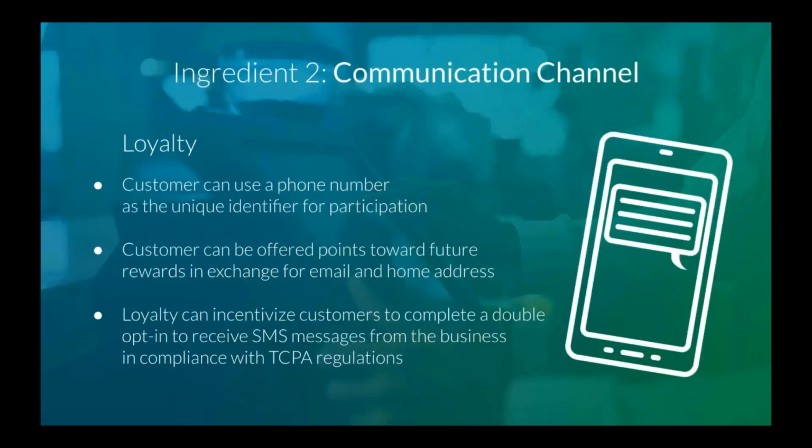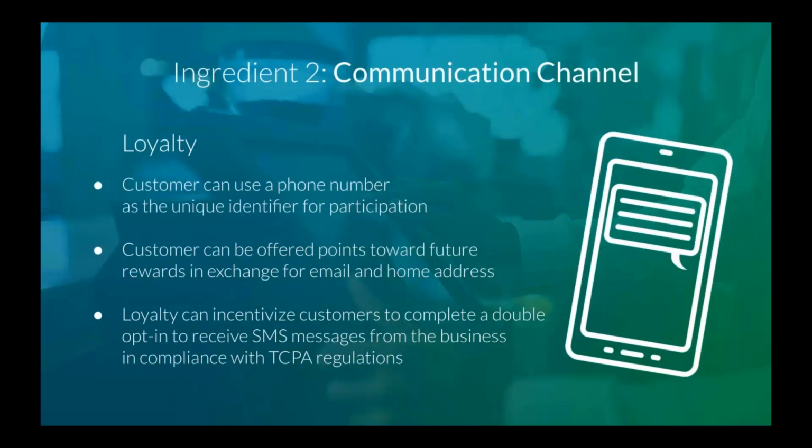Ingredient two is going to be a communication channel. A marketing system is rendered ineffective without a channel through which you can actually speak to your shoppers. So loyalty plays another role in gathering your ingredients. Shopper identification requires some form of a unique identifier.